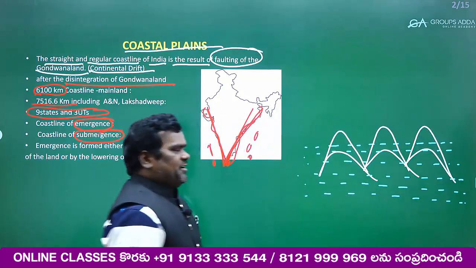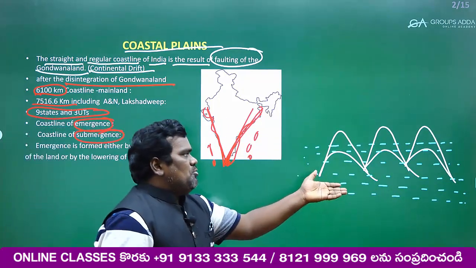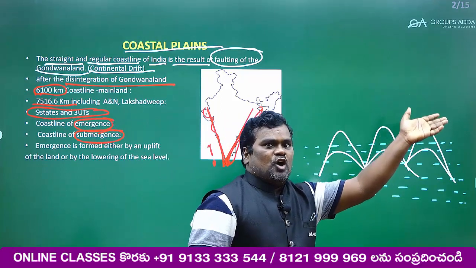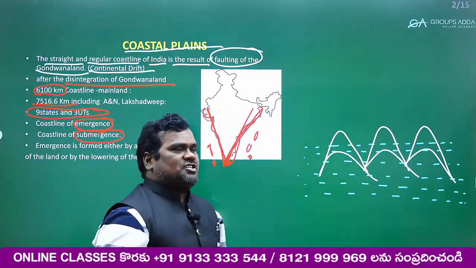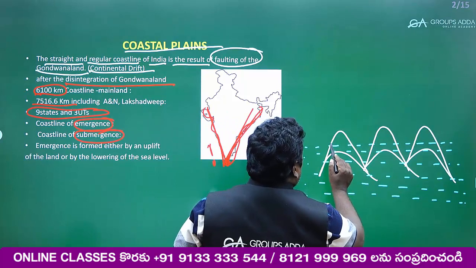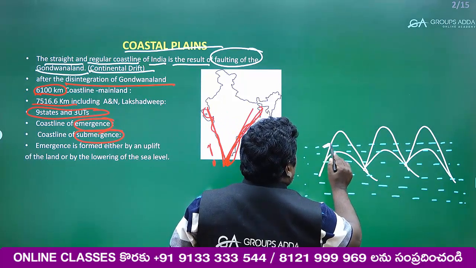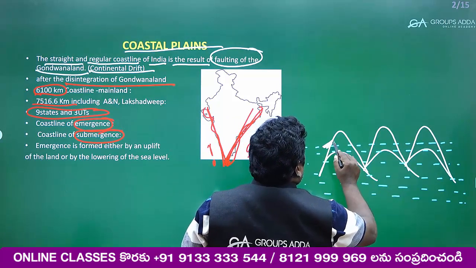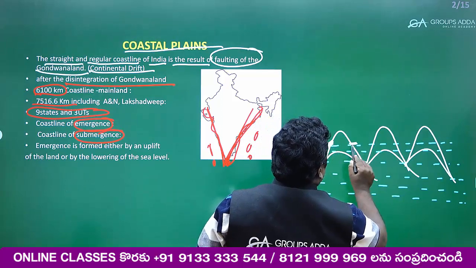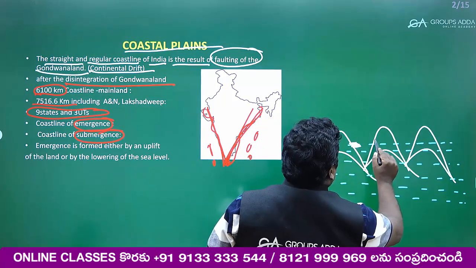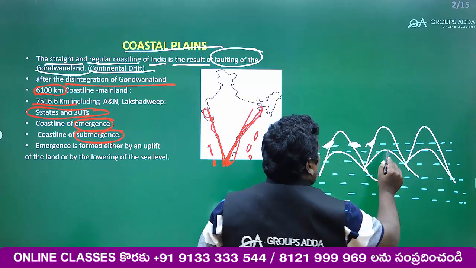What happened here? These mountains emerged. When these mountains emerged, what happened here? See here, some shore was developed. Here some shore was developed.